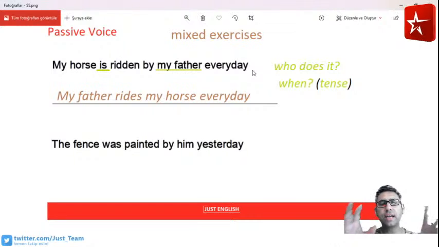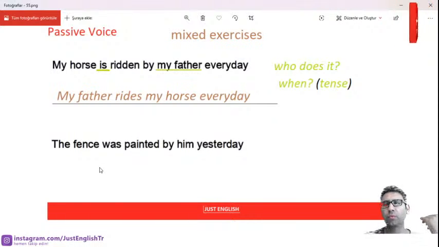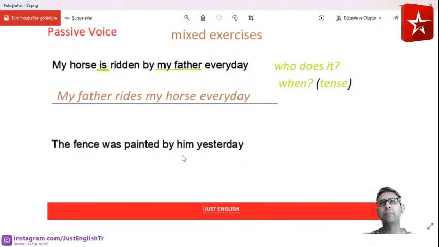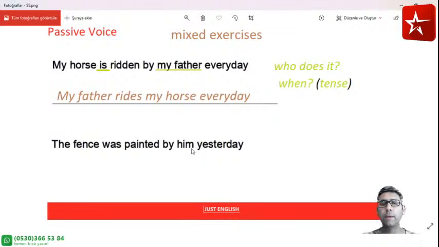And the second sentence, as you can see here, is past simple. So we ask the same question. Who does it? The fence was painted by him yesterday. By him. So this is the actor, right? This is the subject. This is the person who did it. So my subject is he.